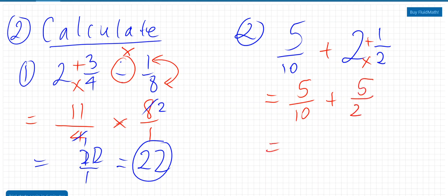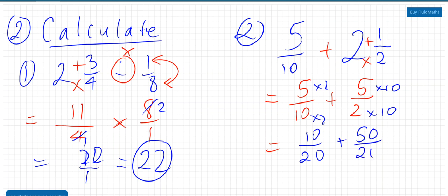And now let's turn our denominators to be the same. The lowest common denominator for this one, I think, is 20. So I'm going to multiply 5 and 10 by 2, and 2 and 5 by 10. So I end up with 5 times 2 is 10 on top, and then 5 times 10 is 50 over 20.